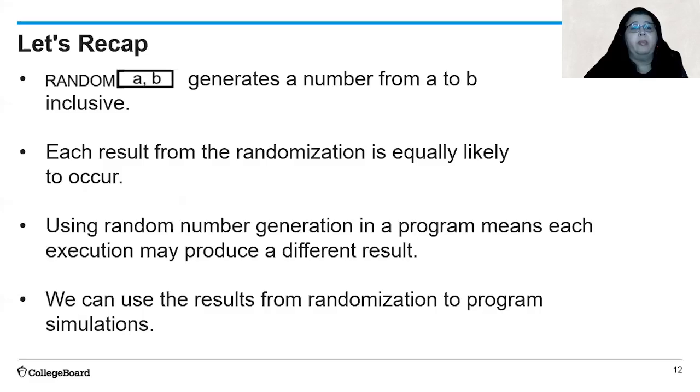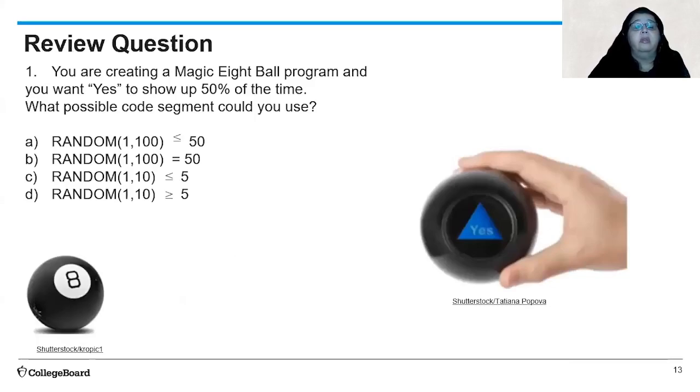So let's recap. Remember we're using randomization of predefined pieces of code to produce our randomization, and they're giving us equal results, and the A and the B are inclusive. So now let's look at another question. Let's say you want to create a magic 8-ball program, and not to date myself, but these were really fun when I was little.